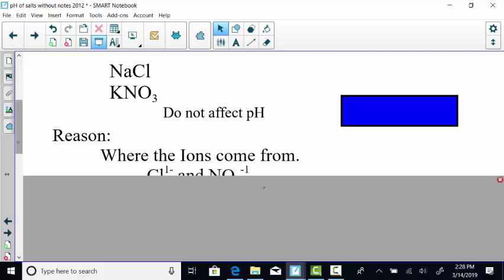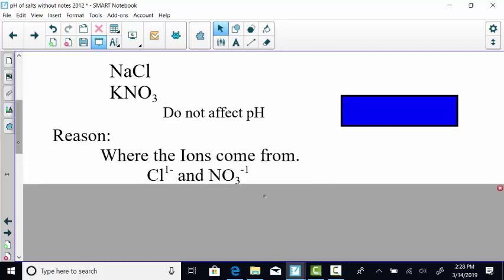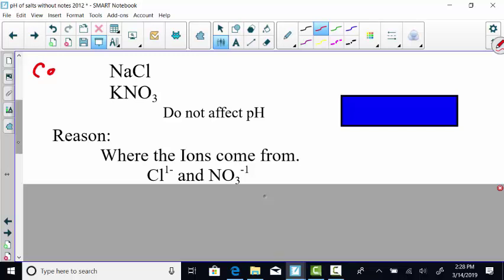Well, there's a reason, and that reason has to do with where the ions come from. We have cations and anions, and you do need to remember those terms. Your cations are positive charges, and your anions are negative charges. When you split this up, you get positive and negative charges.